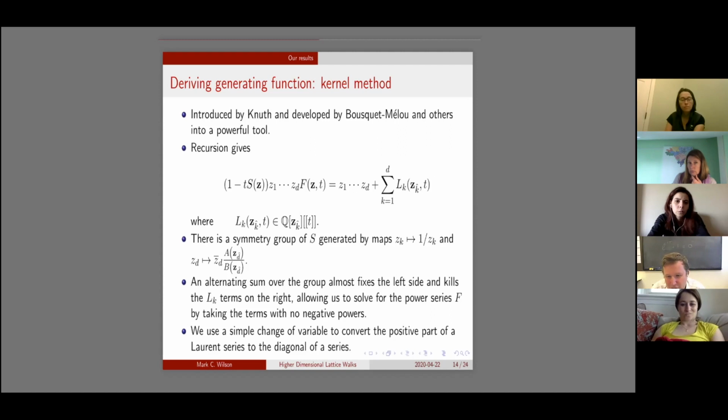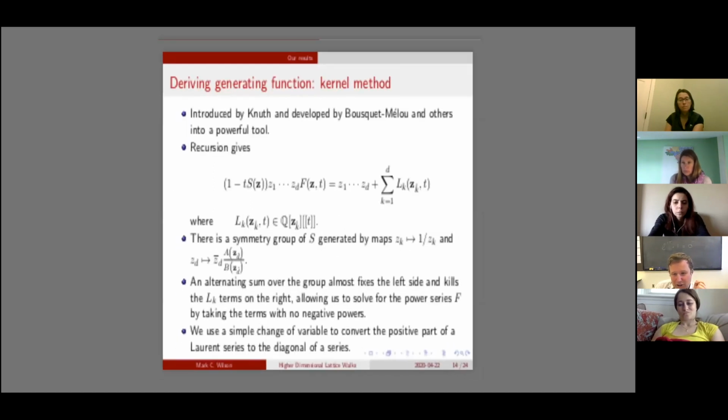And that enables you to solve by saying, well, what we want is a power series, so we only want positive coefficients. So we take the positive part of a Laurent series. And then it's only a small step from there to express the positive part of a series as a diagonal. You basically make a monomial transformation of your variables. It's a fairly straightforward thing.